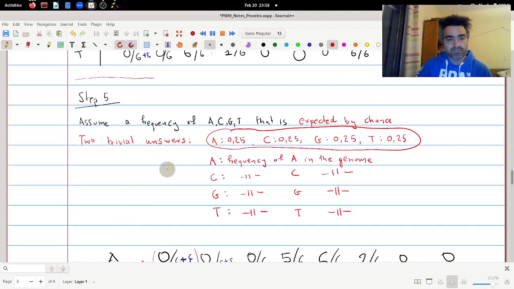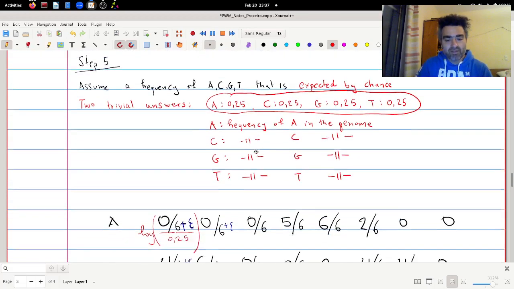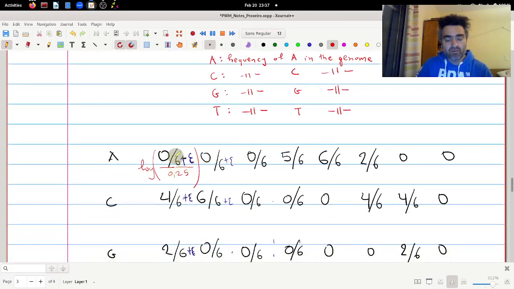Okay, so these are the two trivial solutions, and what we do then is divide each frequency we observe by what we expect just by chance. So here we get this fraction, 0.6 for this position, plus epsilon as a pseudo count, divided by 0.25.